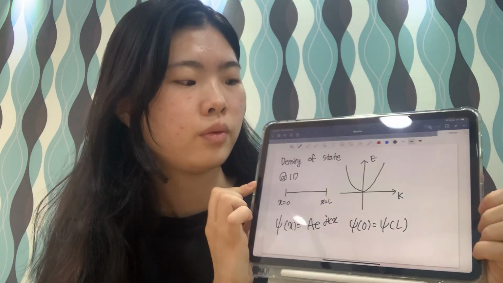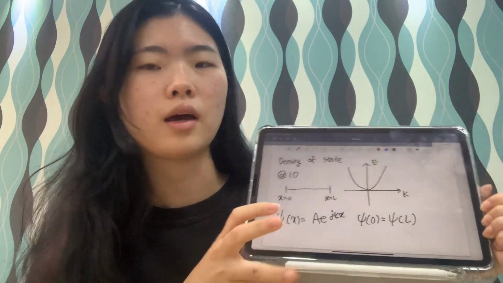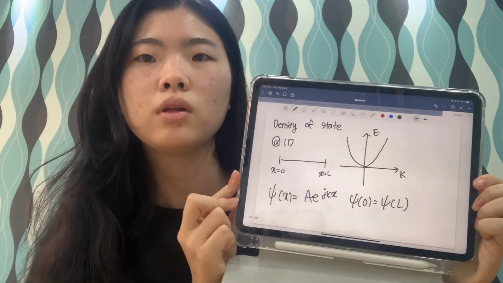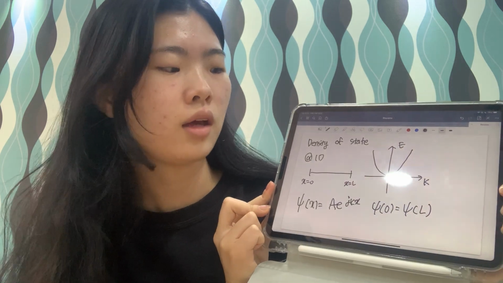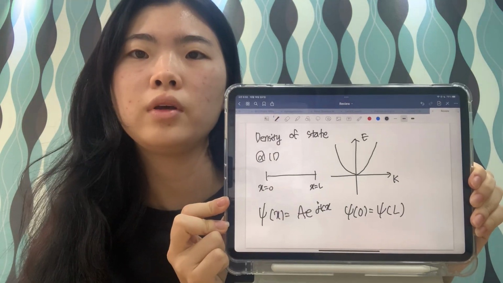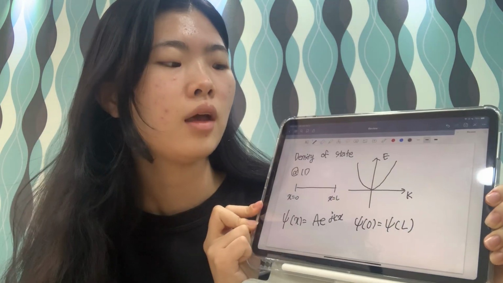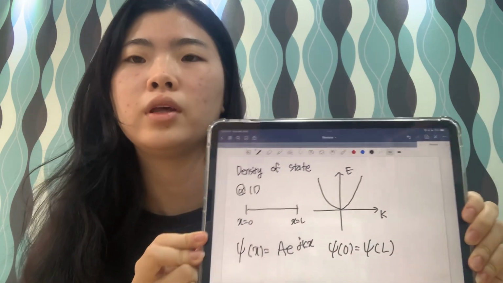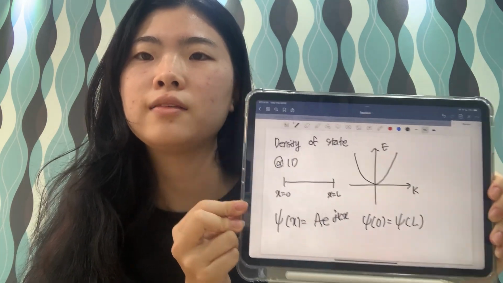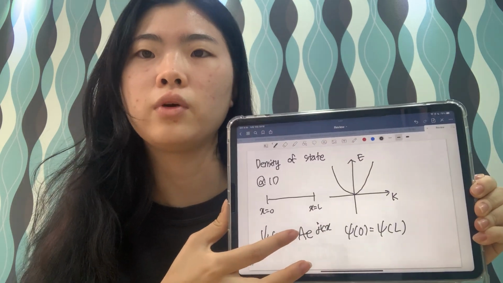And in one dimension, we know psi equals A e^(jkx), and we already know psi(0) equals psi(L), so we utilize this equation to calculate the density of states in one dimension.